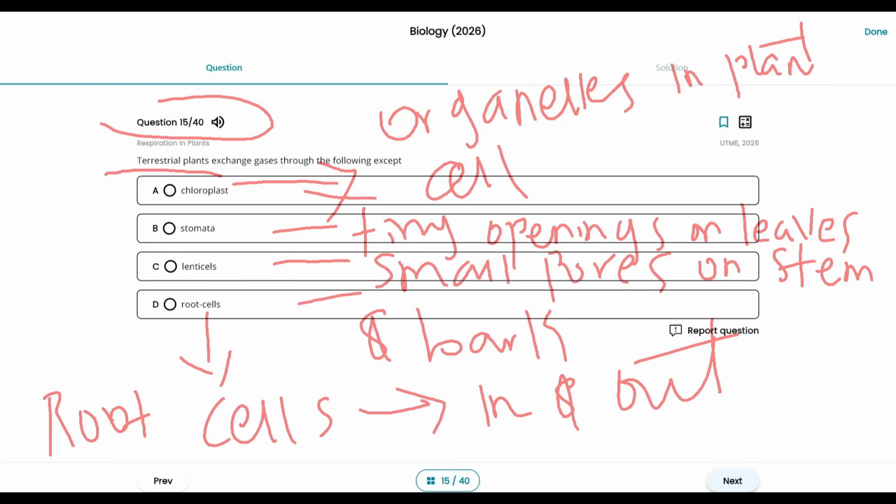But gases enter and leave the cell through other structures like stomata, not through the chloroplast itself. So the correct option here is chloroplast.